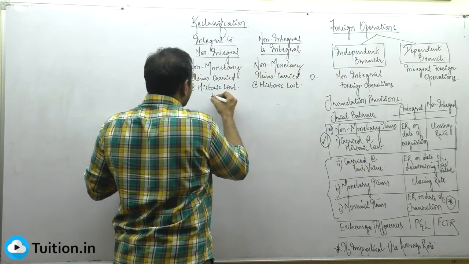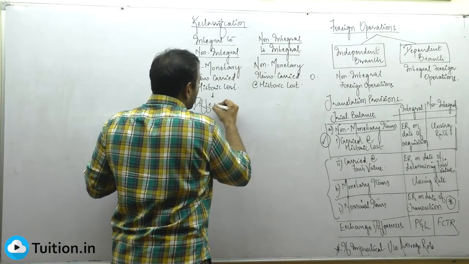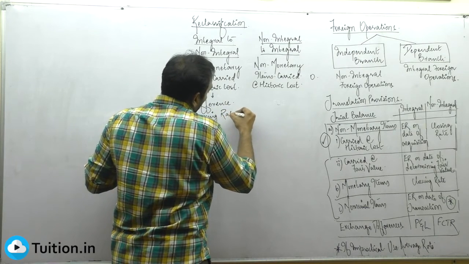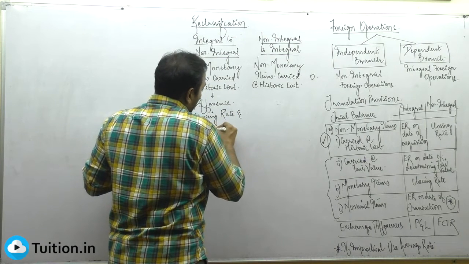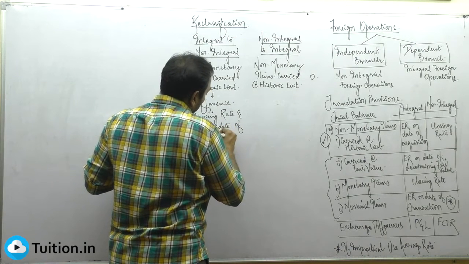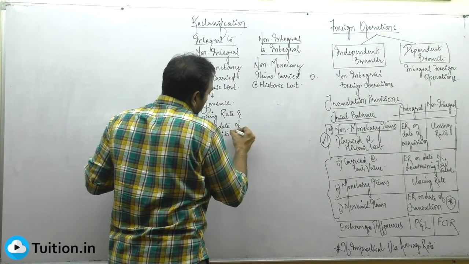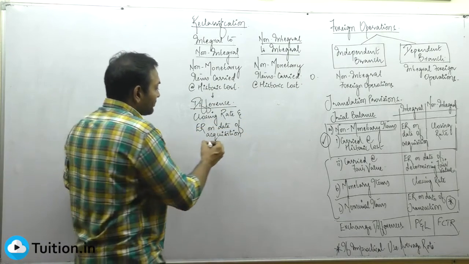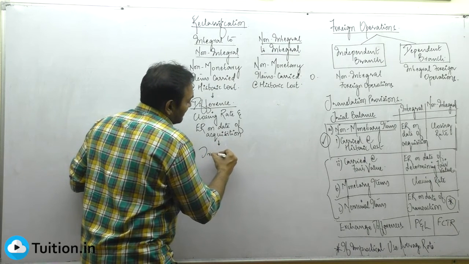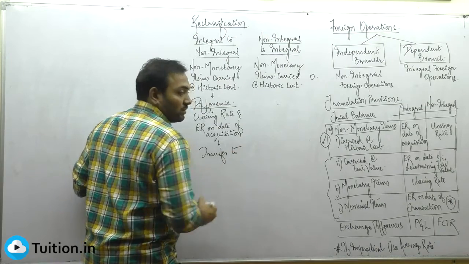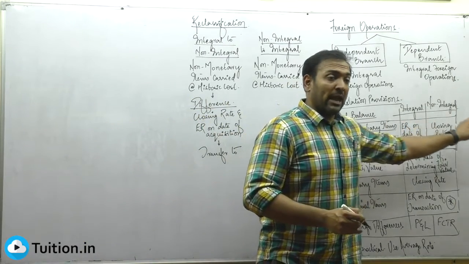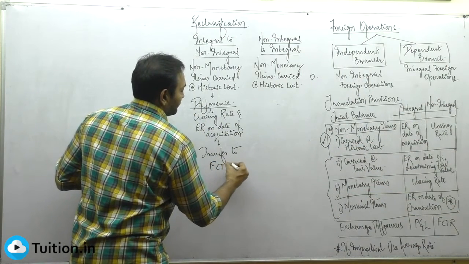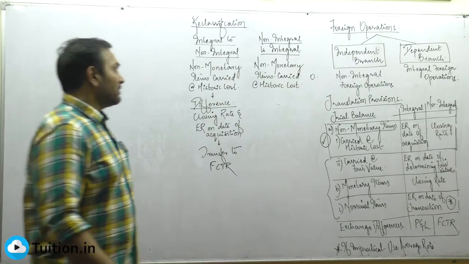The difference between closing rate and exchange rate on date of acquisition, this difference I will transfer to, what is it now? It was integral before, became non-integral now. In non-integral, exchange differences will be transferred to foreign currency translation reserve.